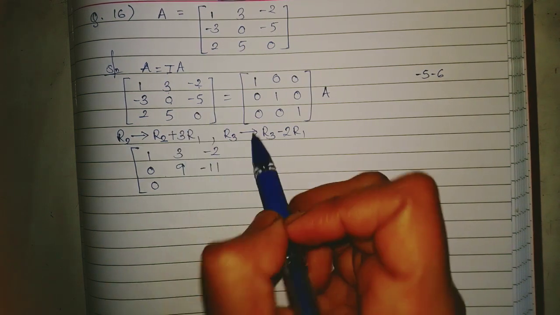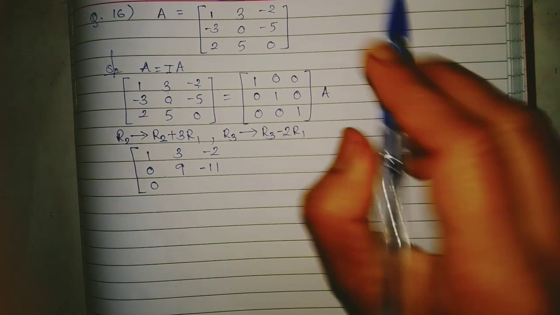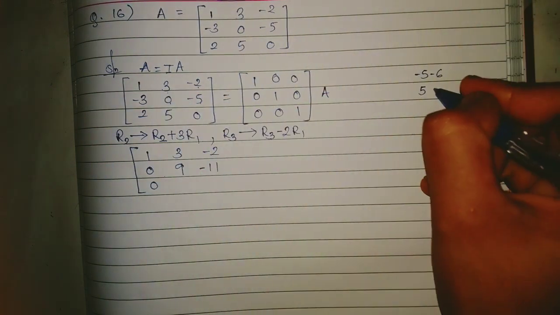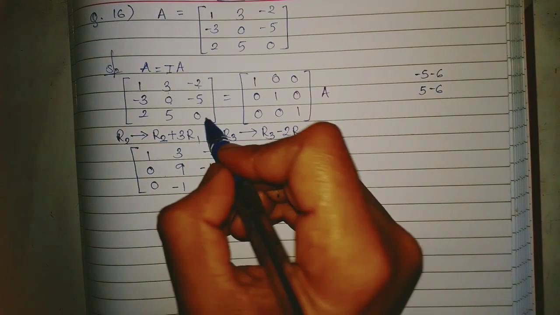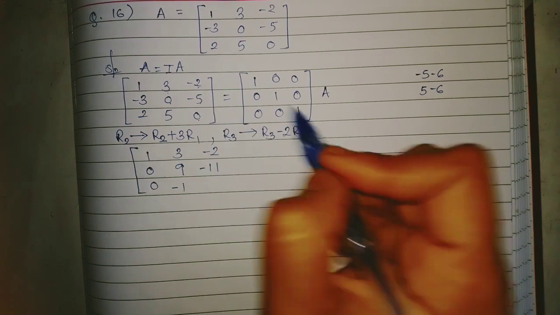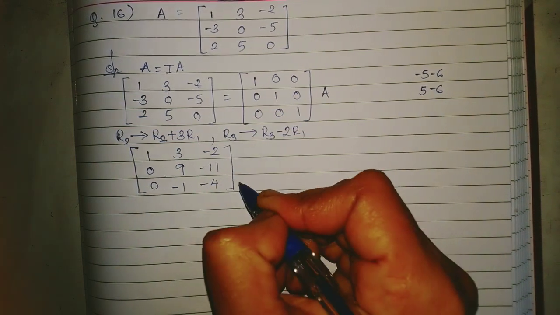Then 5 minus 2, so minus 6, so this is minus 1. And 0 minus 2 into minus 2, minus 4, plus 4.